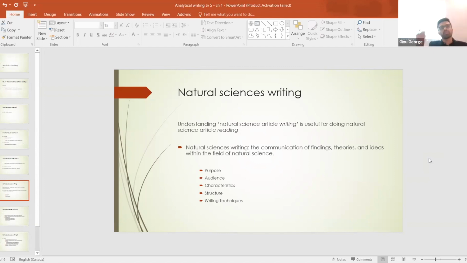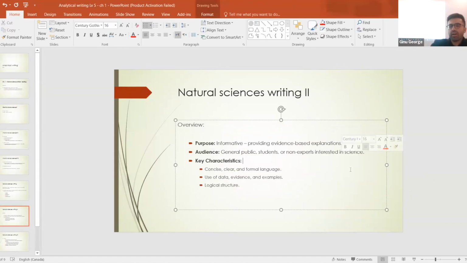And this is important in natural science articles. It should have this element of explanation.